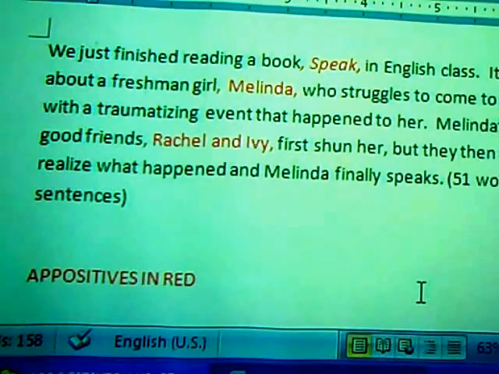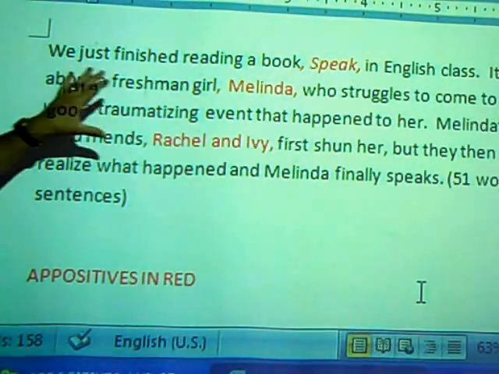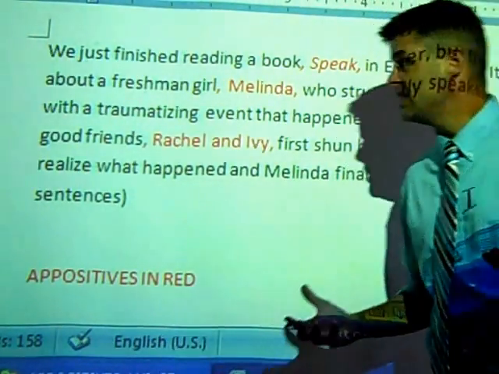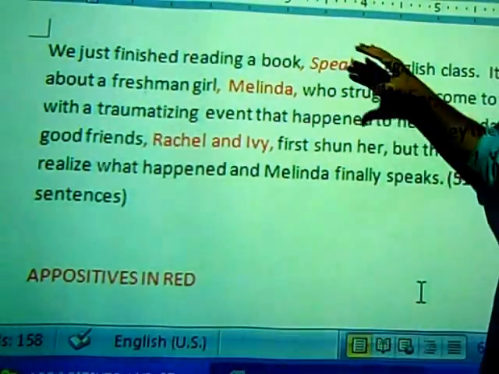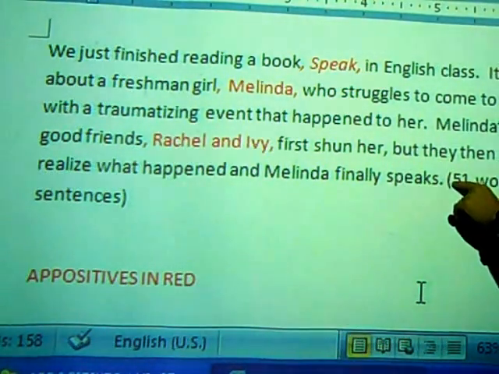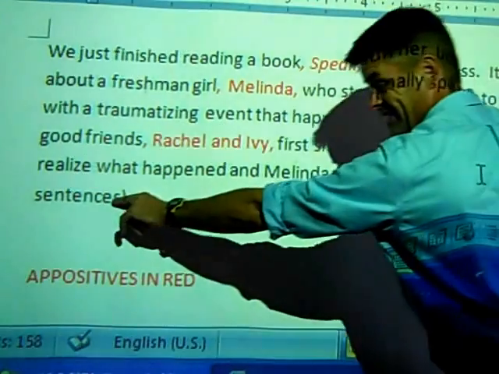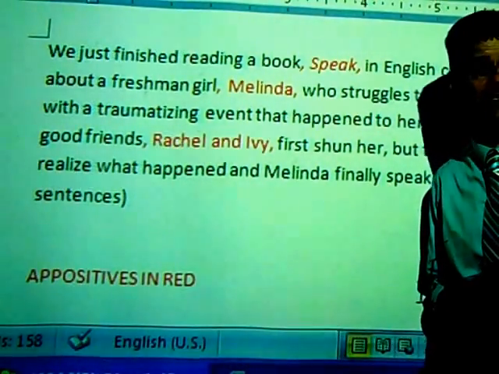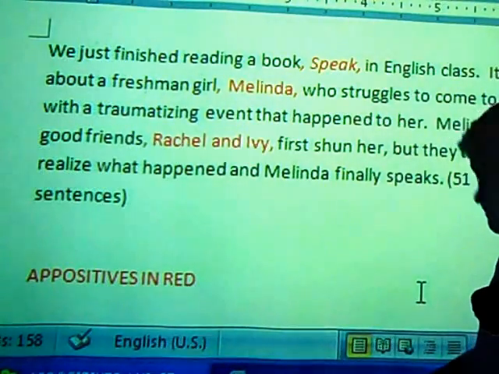Okay, so I've taken my initial passage, I read it, and I realized there's a bunch of nouns in there, and I'm talking about those nouns continually. I've managed to take that initial passage, condense it down to 51 words in 3 sentences, meeting my definition of conciseness, and I did that with appositives.